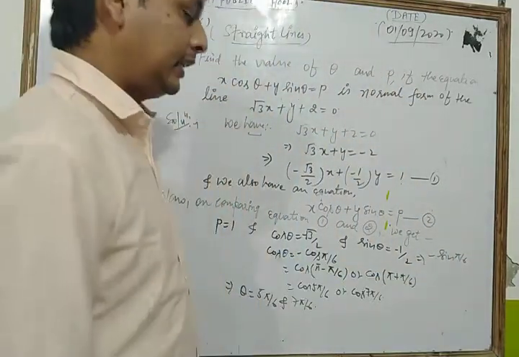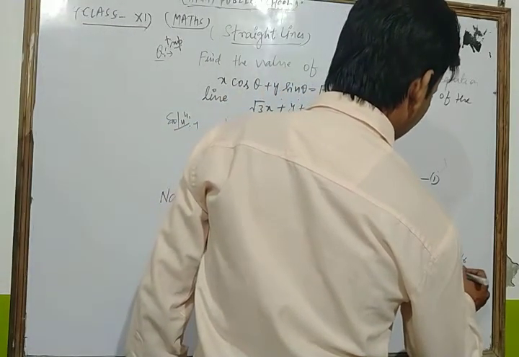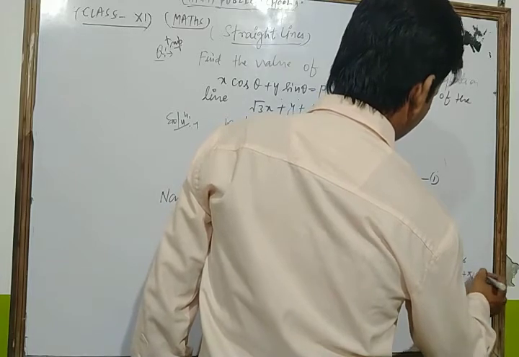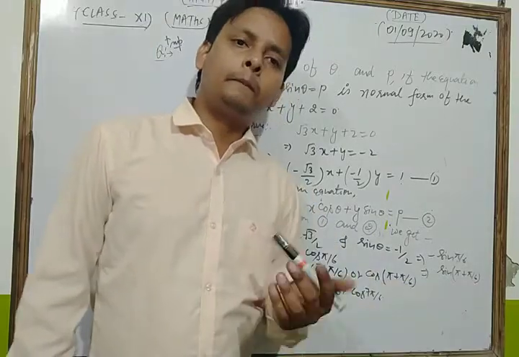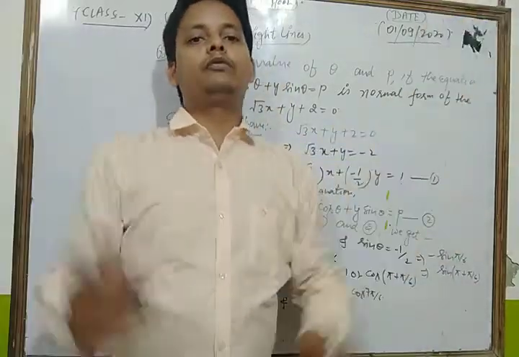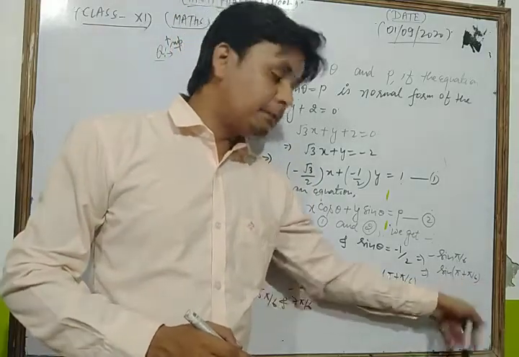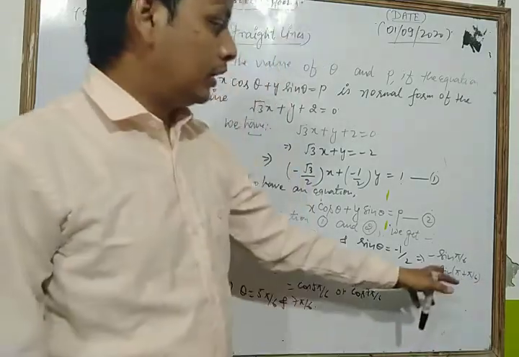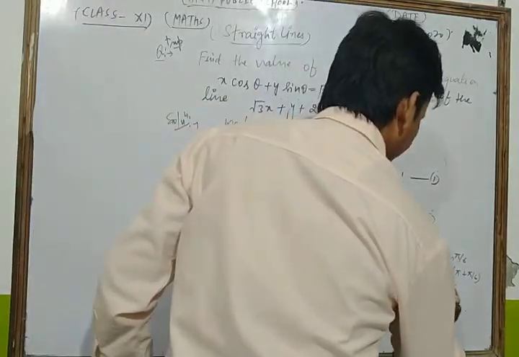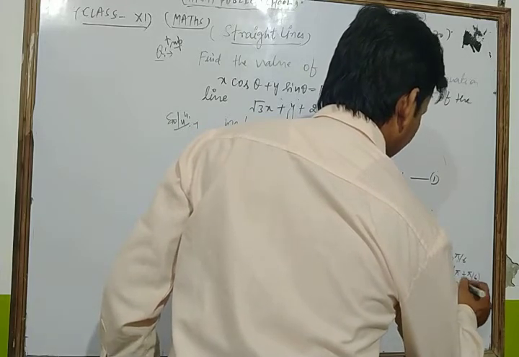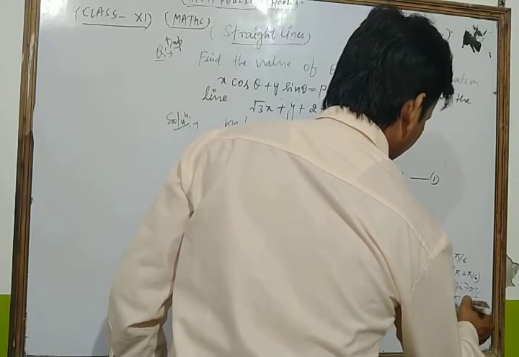Now for sin minus, we can write sin pi plus pi by 6, because, dear student, if we take pi minus pi by 6 then we get plus sin pi by 6, because sin pi minus theta is plus sin theta and sin pi plus theta is minus sin theta. So we take only sin pi plus pi by 6, so here sin theta is equal to sin 7 pi by 6, so theta is equal to 7 pi by 6.